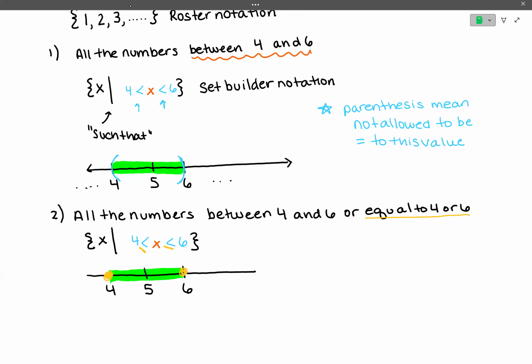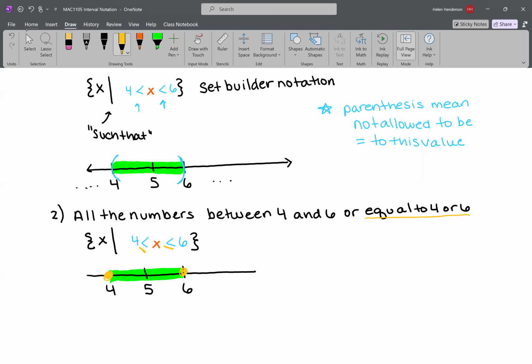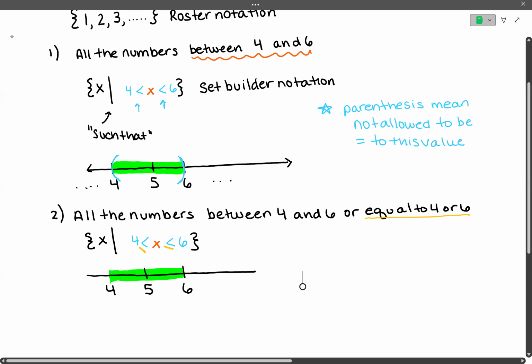But a better notation, I'm telling you about the dot notation because you might see it if you Google, or watch a YouTube video. So I'm going to take my circle notations off here, and instead I'm going to use a bracket notation. I'm going to use a square bracket on 4 and a square bracket on 6.